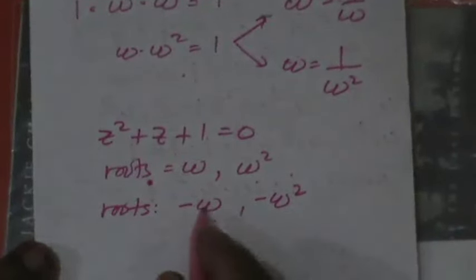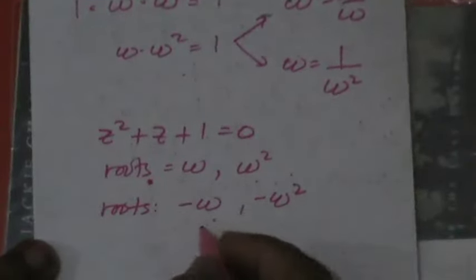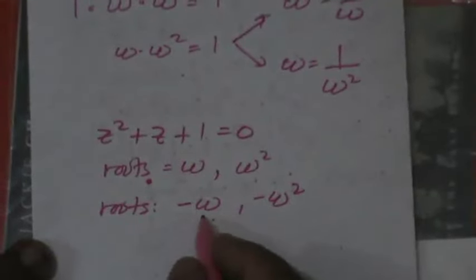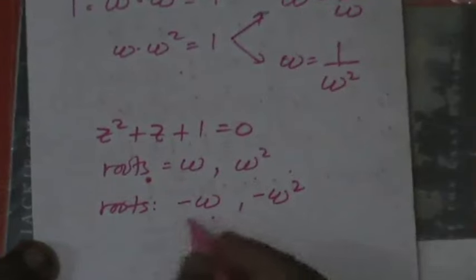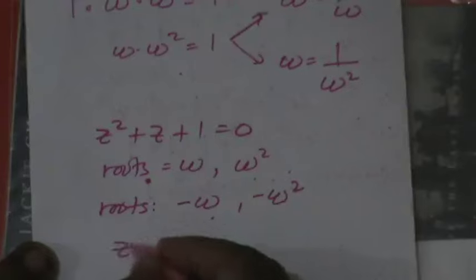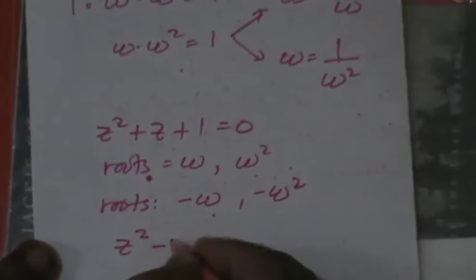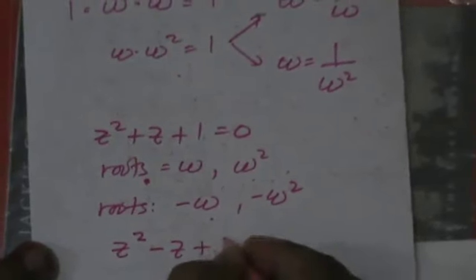Because these are roots, when you plug them in, they will be the roots of the equation z squared minus z plus 1 is equal to 0.